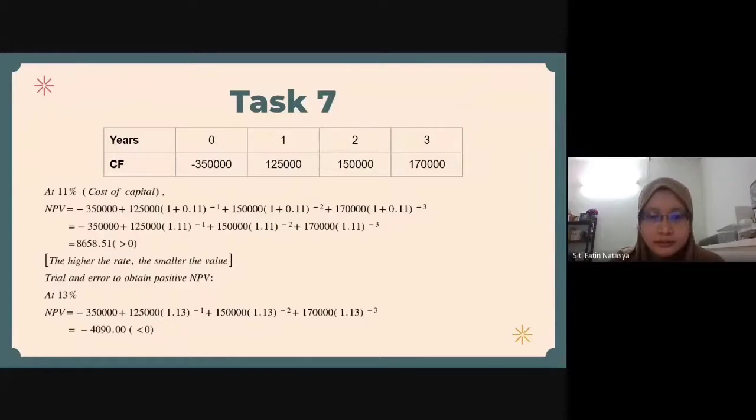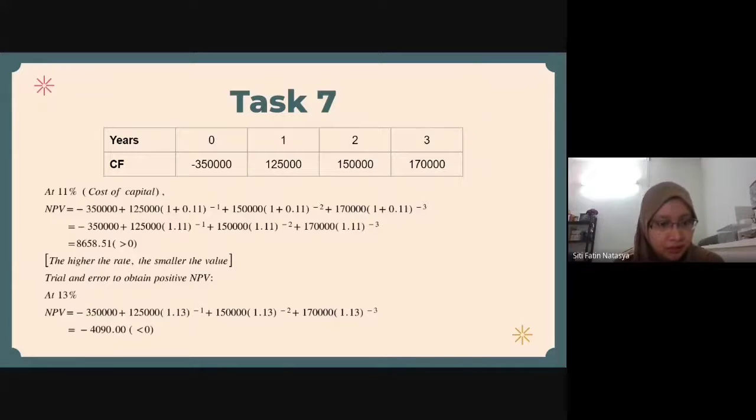To solve this, we use the same method as the previous task. Firstly, at the cost of capital 11%, we obtain a positive NPV of 8,658 ringgit 51 cents. To find the negative NPV, we use a larger rate, which is 13%.